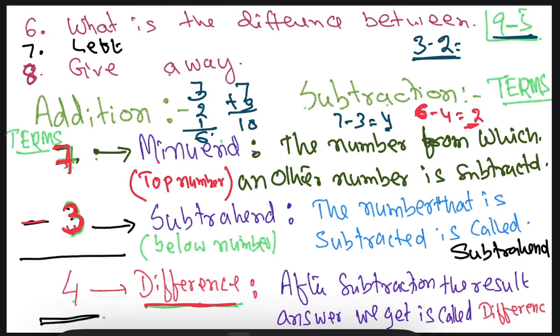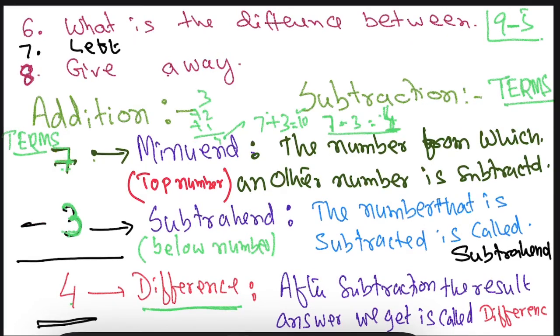In subtraction, the answer will be less than the minuend. Now you got it: 7 is the minuend, 3 is the subtrahend. The top number is the minuend, the bottom number is the subtrahend.